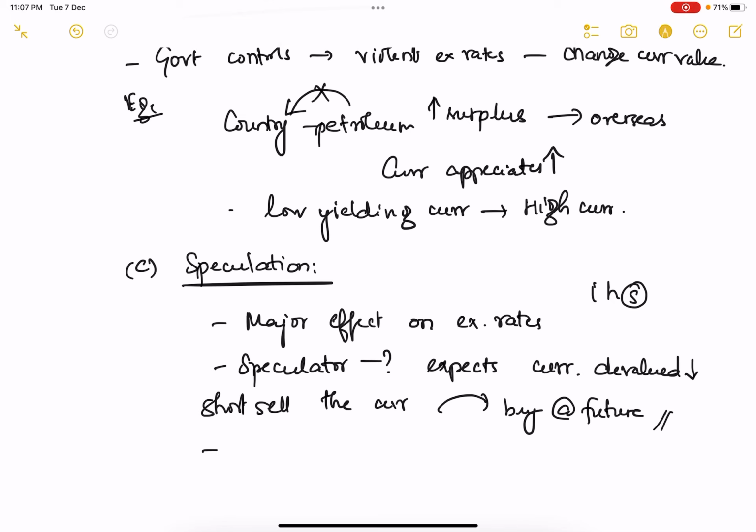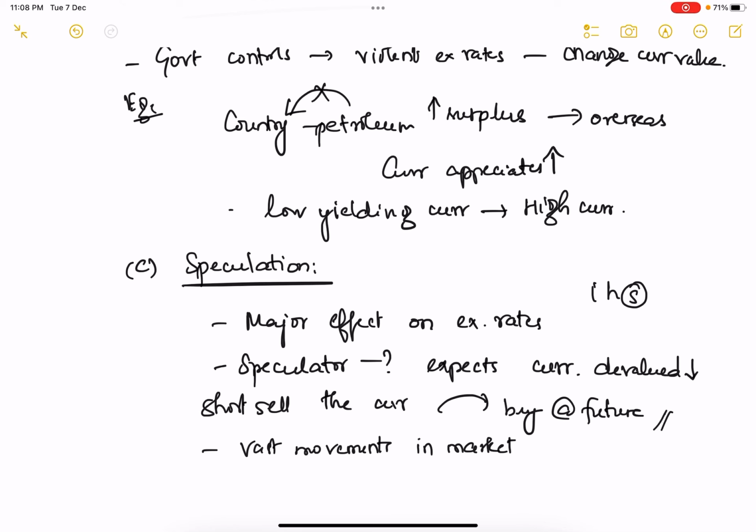So there are vast movements in the market because of this expectation. He expects the currency will be devalued and he will short sell the currency to a different currency. That different currency will be applicable to a different country, and thereby they will also assume that the particular currency is devalued. So this will lead to vast movements in the market because of expectations.